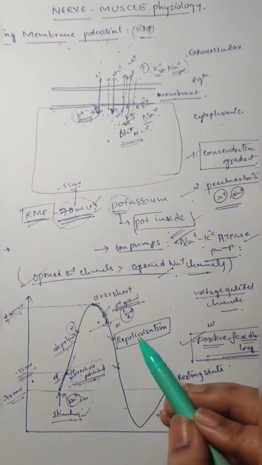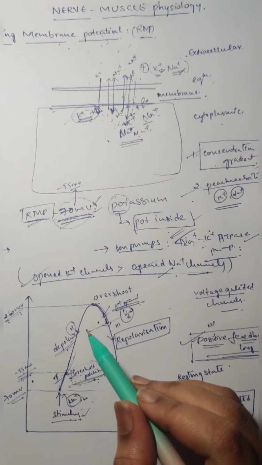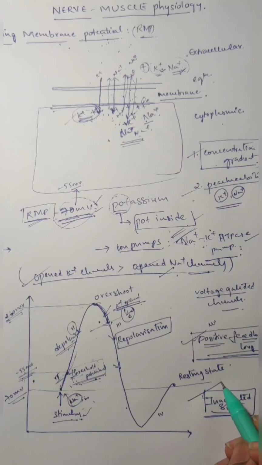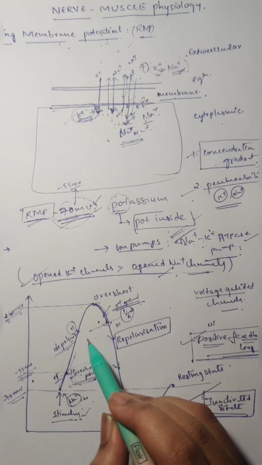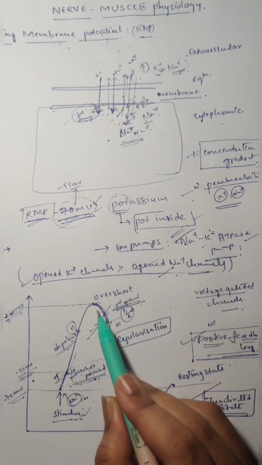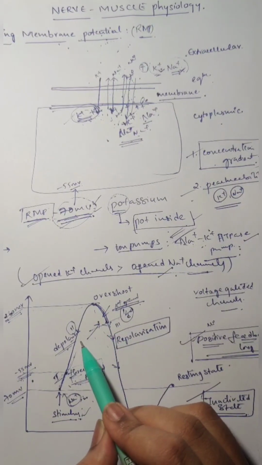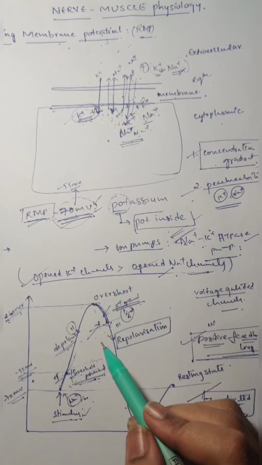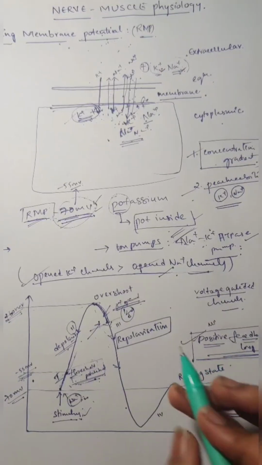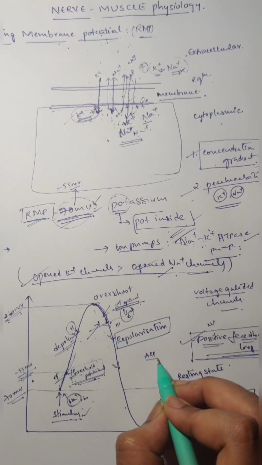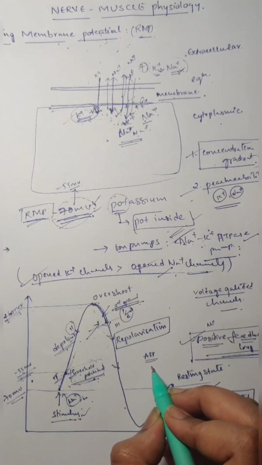But when they are in the inactivated state, even if you give another stimulus while the nerve is in the first one-third of repolarization, the sodium channels do not open up. That phase is called the absolute refractory period. ARP is the absolute refractory period.